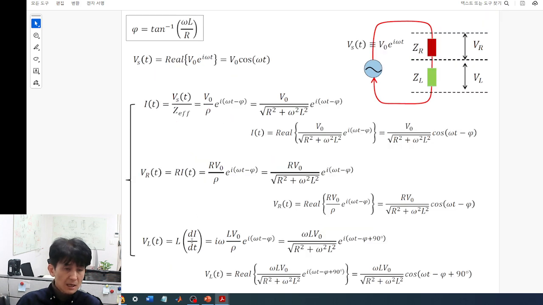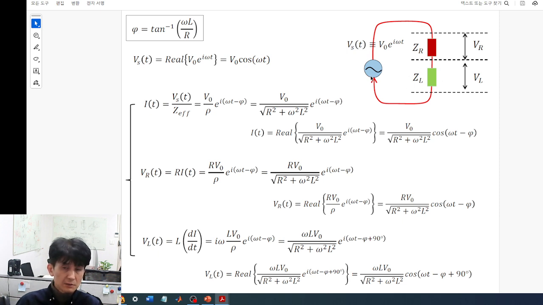Same is true. We can calculate by this definition, but the voltage across the inductor is the current times the impedance of the inductor.